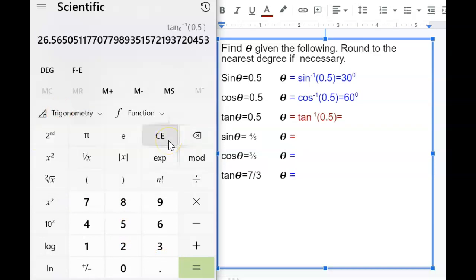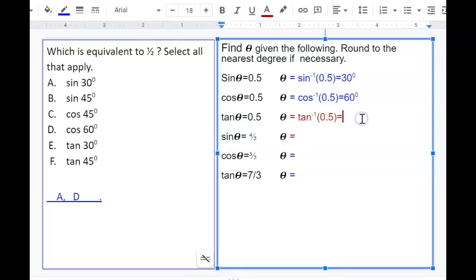So we have 26.565, right? Now we are asked to round to the nearest degree or the nearest whole number. Your whole number there is 26. So what you do is you check the next digit. If it is 5 and above, you add 1. If it is 4 and below, you leave it the way it is. Our next digit is 5, so we're going to add 1, and so our answer will be 27 degrees.